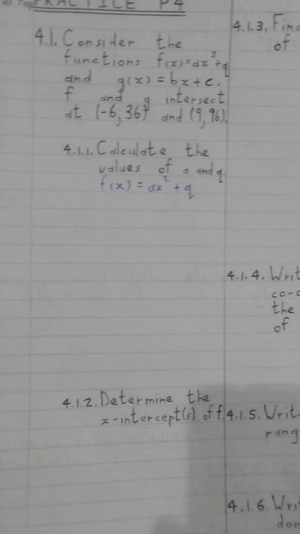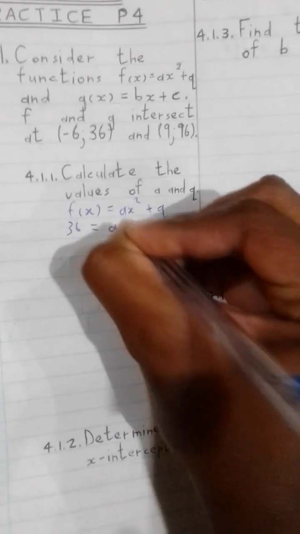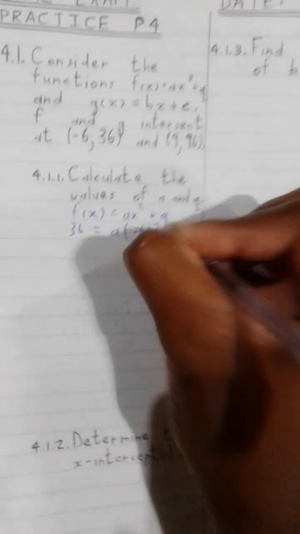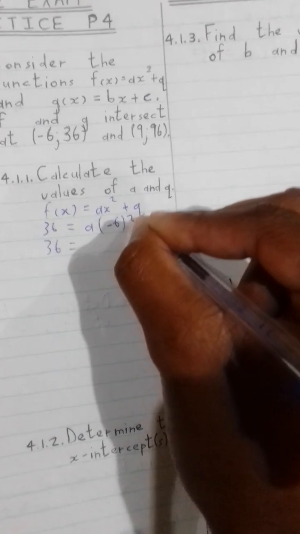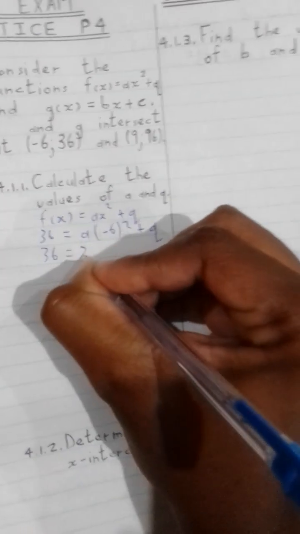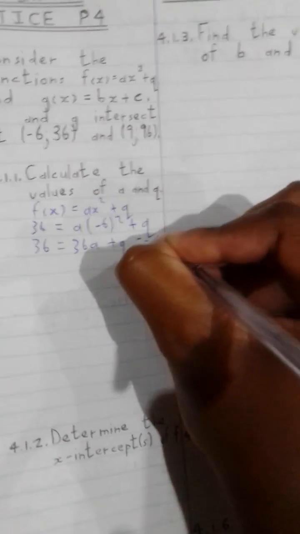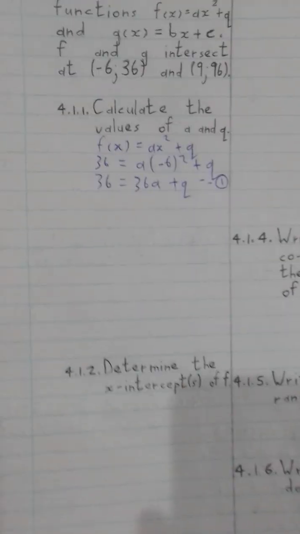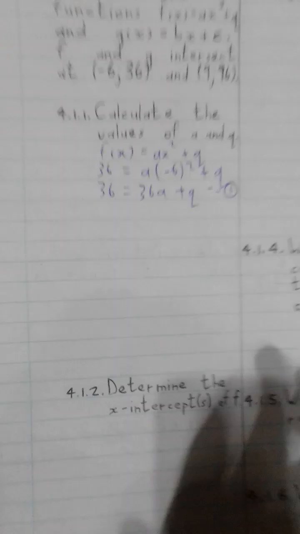First we're going to substitute this point: x is -6 and y is 36. -6 squared is 36, 36 times a is 36a plus q. This is equation 1. Then we substitute 9 and 96.